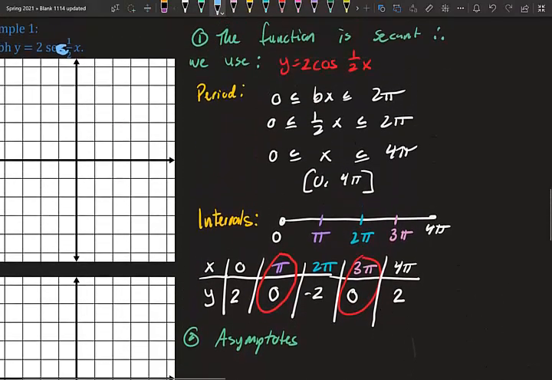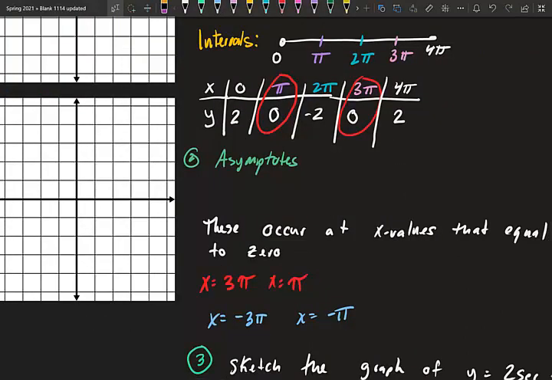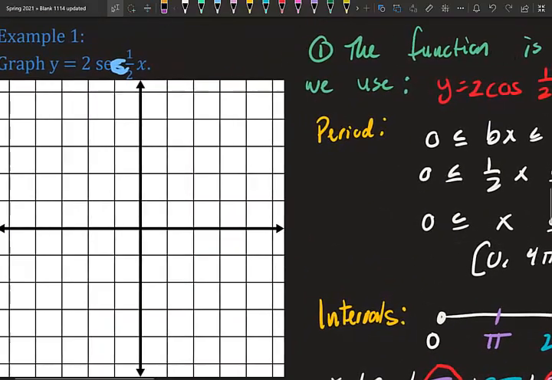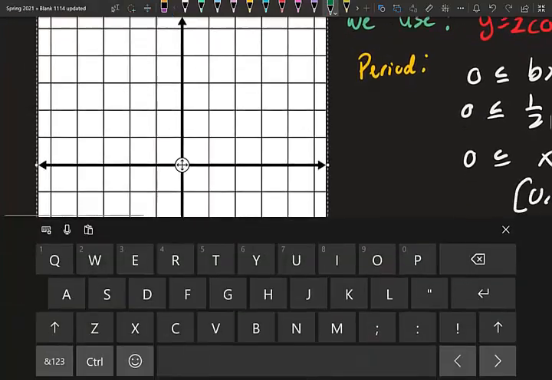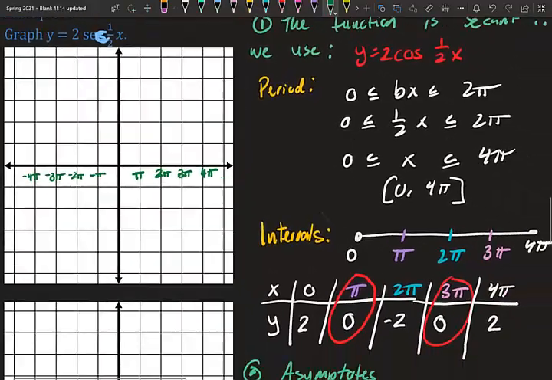so we're going to be using dotted lines for that. Alright, so our asymptotes, we have pi, 3 pi and negative pi, negative 3 pi, and then our intervals are 0 to 4 pi. So in our graph, we have 0 to 4 pi. So that's 1 pi, 2 pi, 3 pi, 4 pi. On the other side, we have the same thing: negative 1 pi, negative 2 pi, negative 3 pi, negative 4 pi. Alright, let's plot our asymptotes.